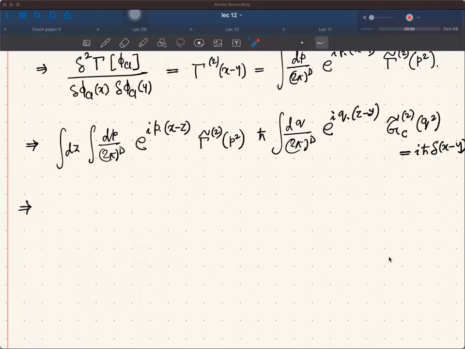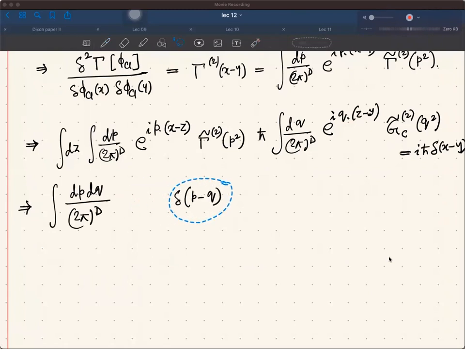Then let's look at the z dependence. z only appears in these two phases and nowhere else. So you can perform the z integral. It will give you a delta function. Here it is minus p, here it is plus q, so it will be delta(p minus q) with a factor of (2 pi)^d. One of these two factors will get cancelled, and you will be left with one factor of (2 pi)^d downstairs, delta(p minus q).